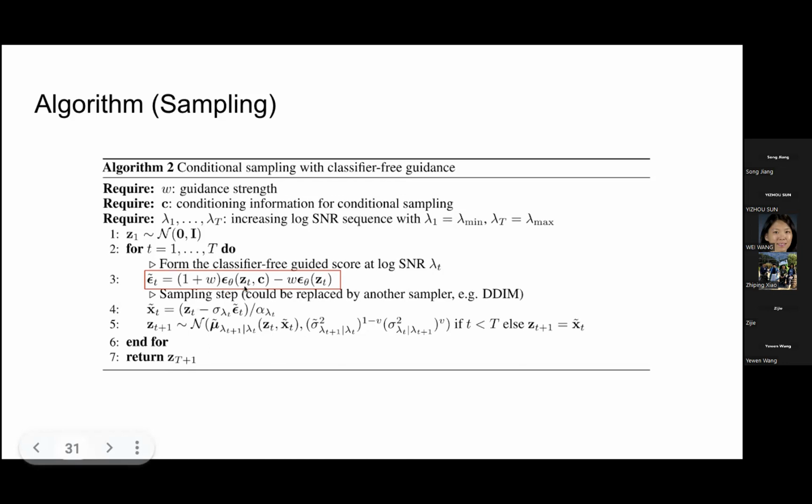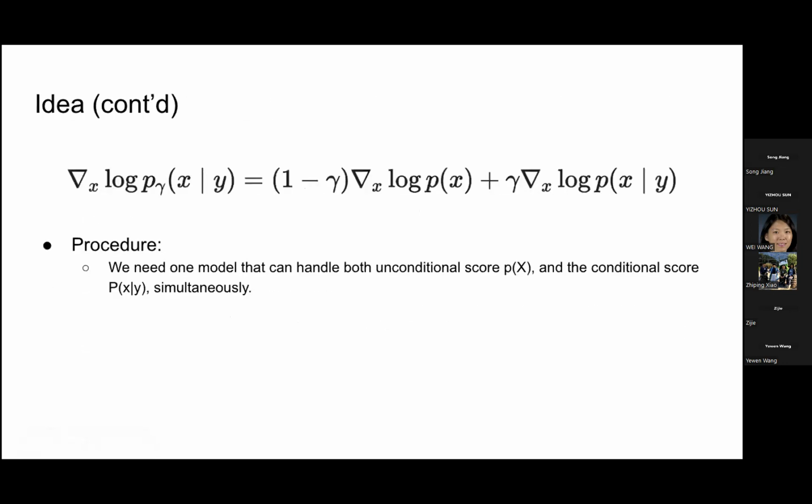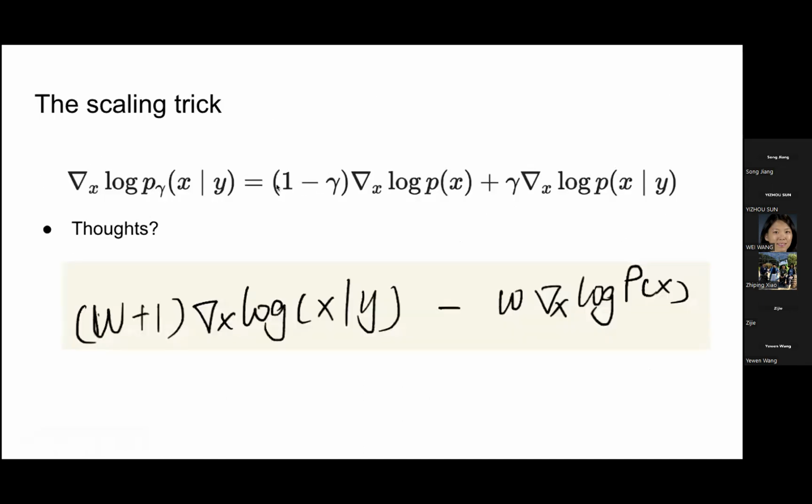Why do we have the subtraction here? Earlier we said it should be a weighted summation. Oh, you mean this one? If we put 1 minus gamma as minus w, we can rewrite this one as something like this.